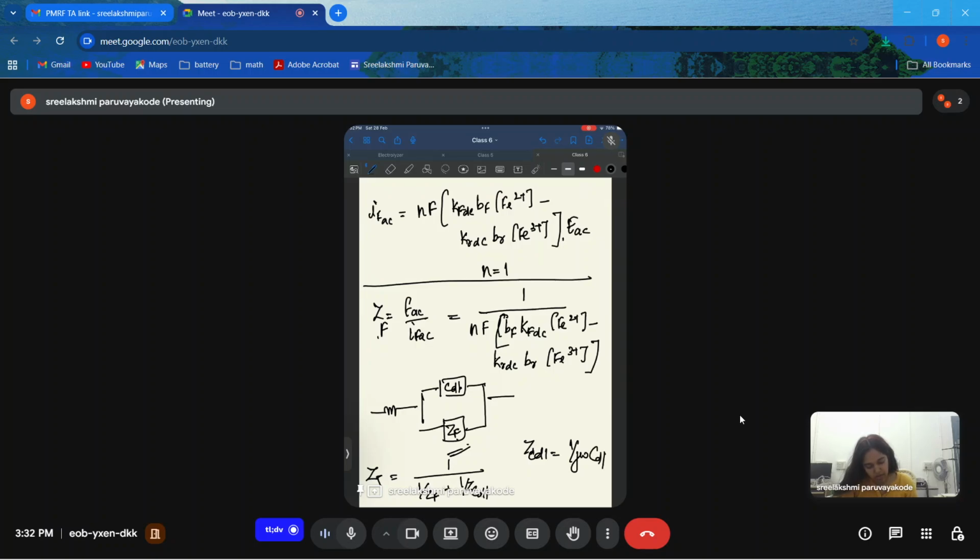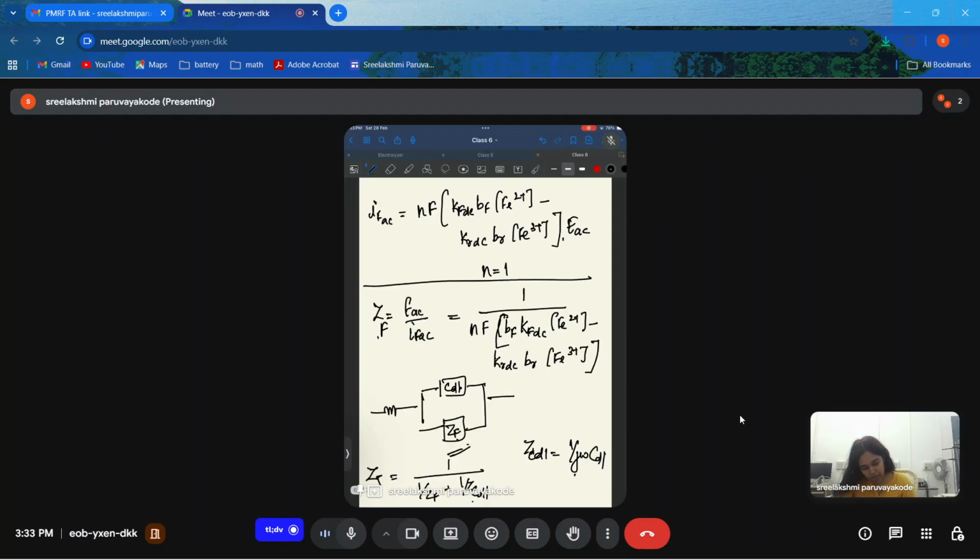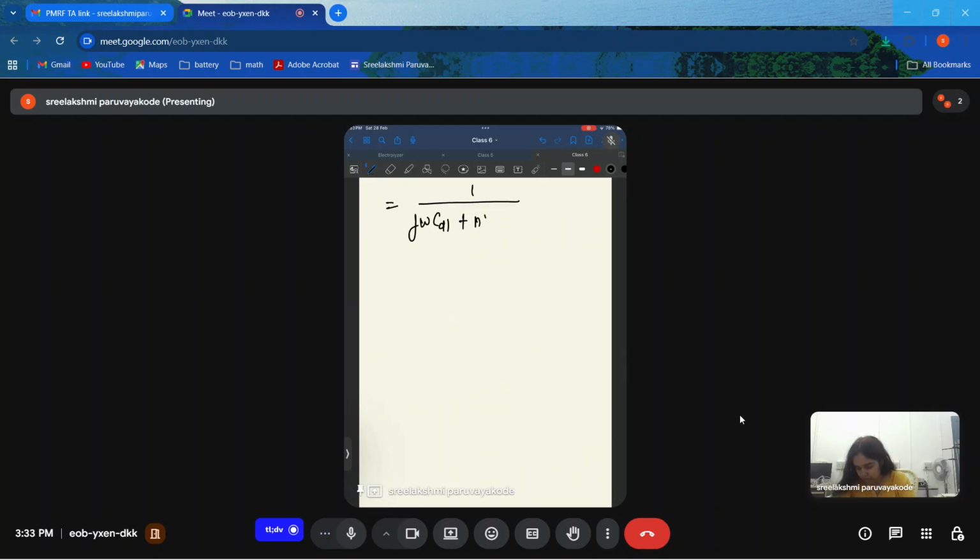Because it's 1 by impedance of CDL, I'm writing it as j omega CDL, where DL means double layer, plus 1 by ZF. It's already given us this value. Reciprocal of that. n value is 1, so I don't have to write it. nF bf kfDC Fe2+ minus br krDC Fe3+. Right? So this becomes the impedance value.